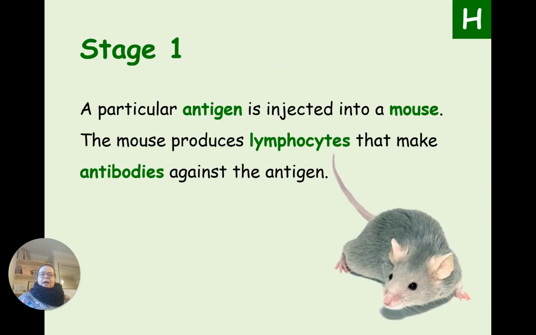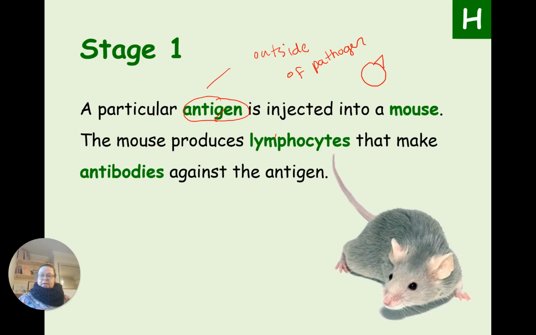We take a mouse, and into that mouse we are going to inject the antigen. Remember, the antigen is on the outside of a pathogen. So if this is our pathogen, it might be that shape. We inject the antigen into the mouse.